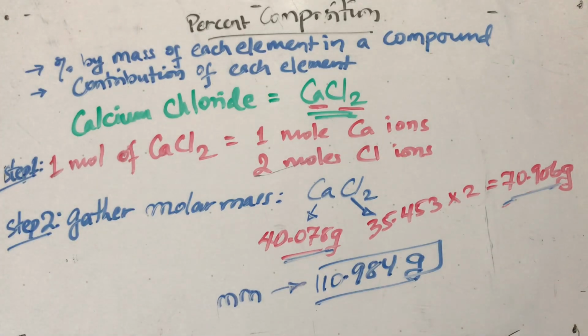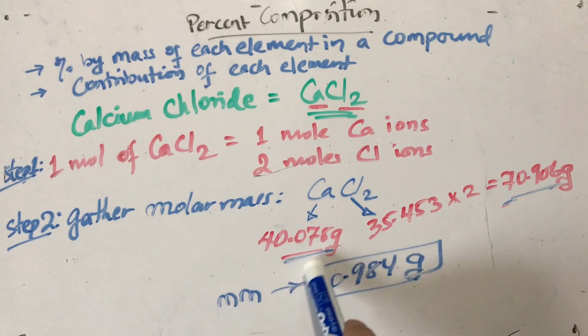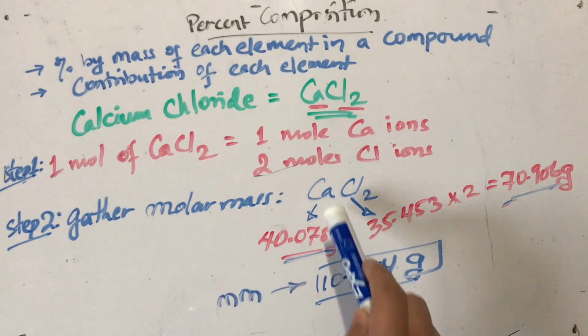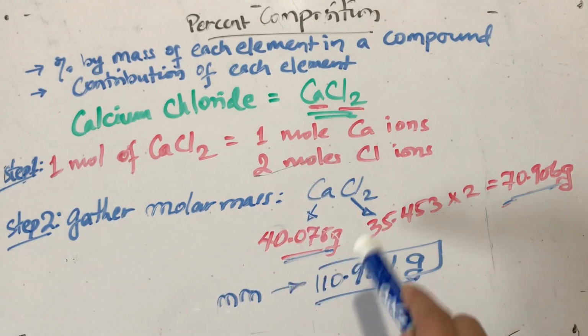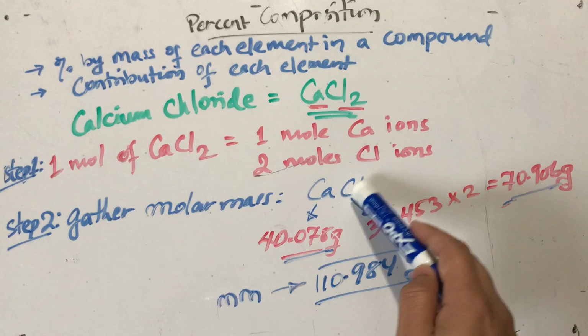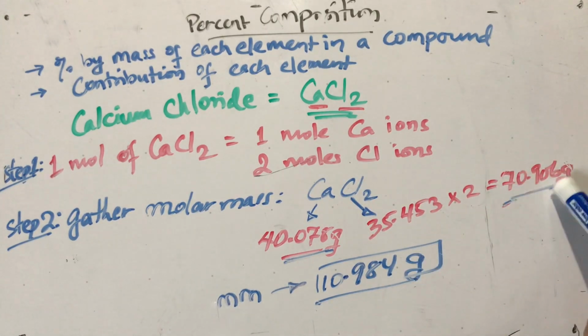Another way to think about it: say this is the full price of a t-shirt, your friend calcium is contributing this much, and you have another friend, the 2 chlorides like twins, each contributing this, for a total of this much from chloride. How much each of them contributes is basically what the question is asking.